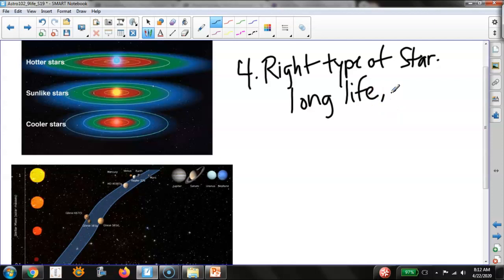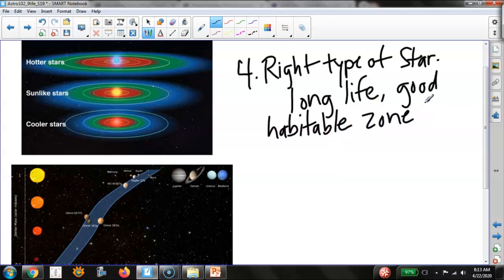But we also want a nice, big, good-sized habitable zone. And remember, a habitable zone depends on distance from the star, but it also depends on the temperature of the star. Because if you have a really hot star, then you're going to have a bigger habitable zone, right?